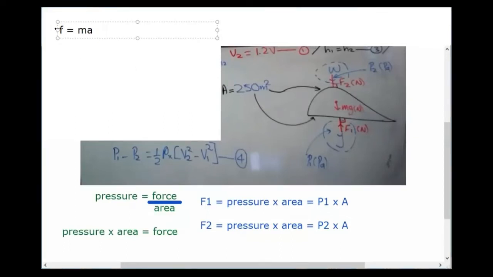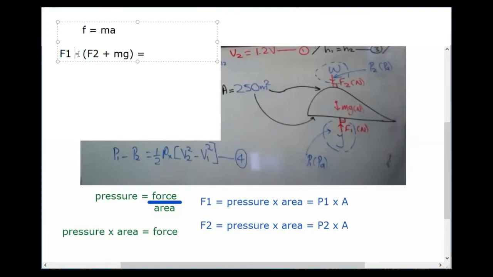So if I try to apply F equals ma equation, the force F1 is acting upward, and the force F2 and mg are acting downward. F1 acting upward, F2 plus mg acting downward. Therefore, what is the total upward force there? The total upward force is upward force F1 minus the summation of the downward forces.